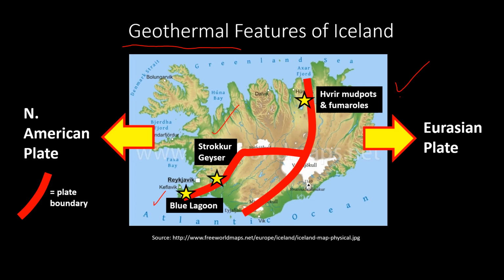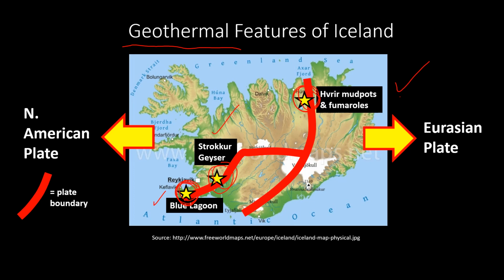And notice that all three of these areas occur either on top of or right next to the divergent plate boundary in Iceland. So we have hot rock, indeed molten rock, magma, at a relatively shallow depth. And when snowmelt and rainwater seep into those cracks that you saw related to plate divergence, as the water migrates into the subsurface, it comes into contact with very hot rock at a shallow depth, and it warms up to the boiling point.